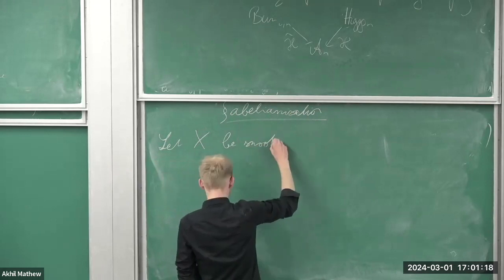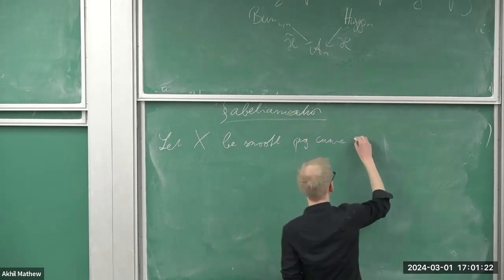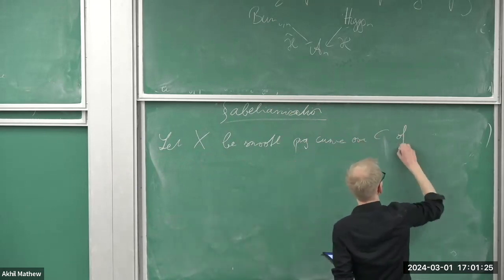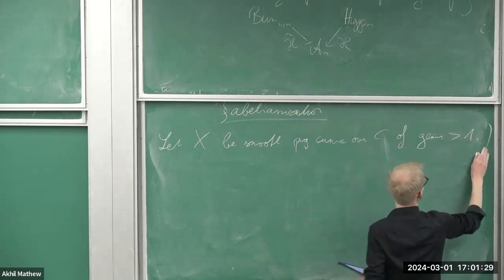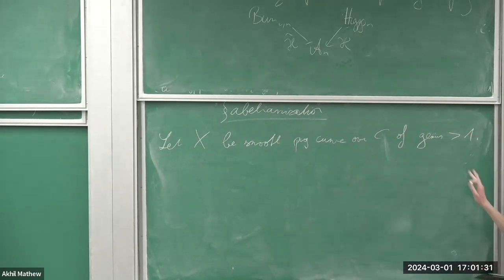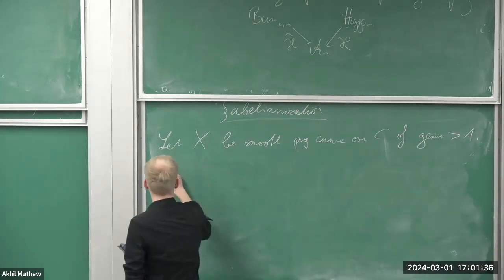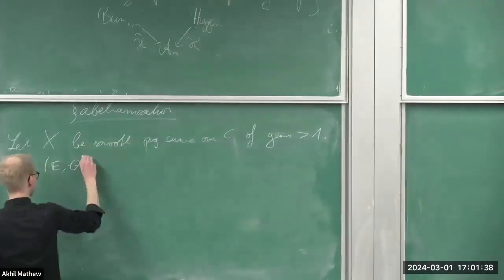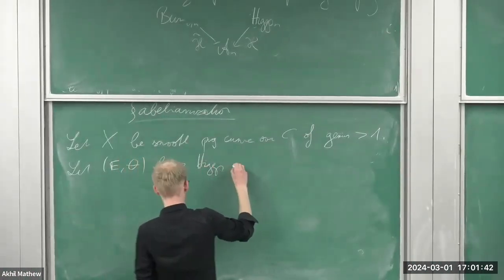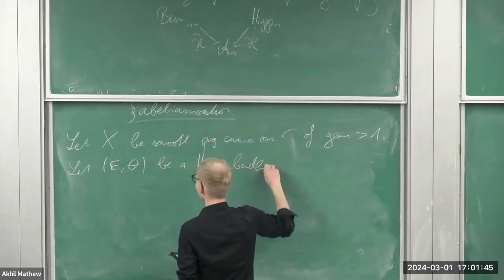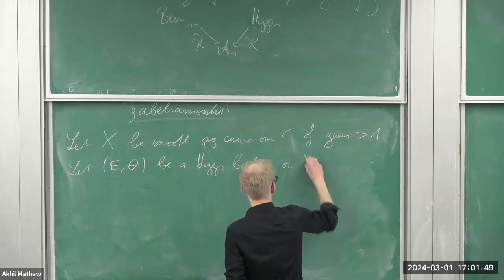This is now a smooth projective curve, and we need one further assumption. The genus has to be greater than 1, for safety reasons. Okay, so we have a Higgs bundle on X of rank n.